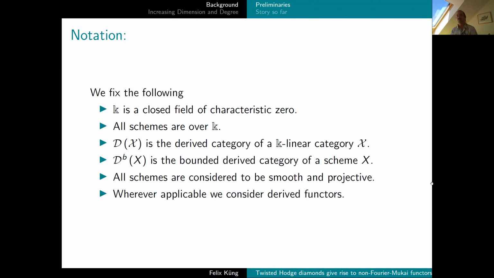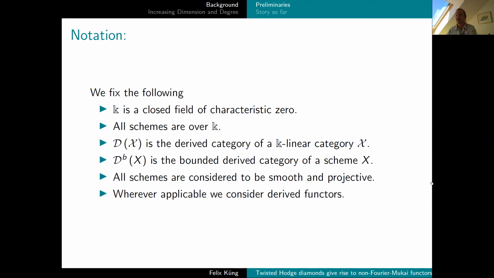And we will denote by D^b(X) the bounded derived category of a scheme. All of our schemes will be smooth and projective, so that even in these cases we find non-Fourier-Mukai functors. And I didn't want to drag along a lot of R's and L's, so we will always consider derived functors. I hope this is okay for everyone.